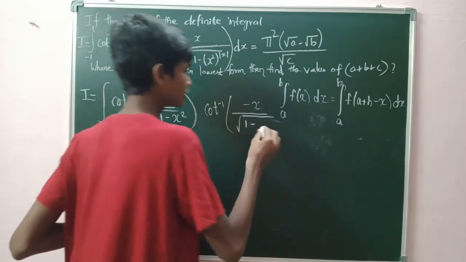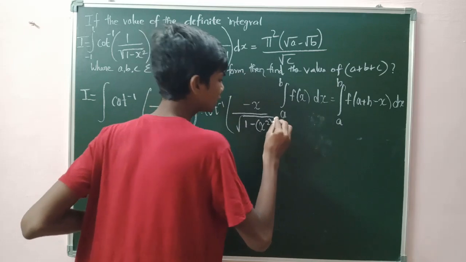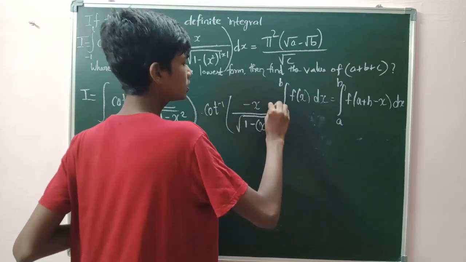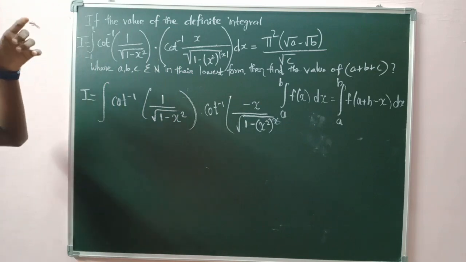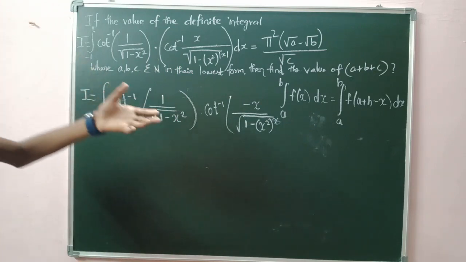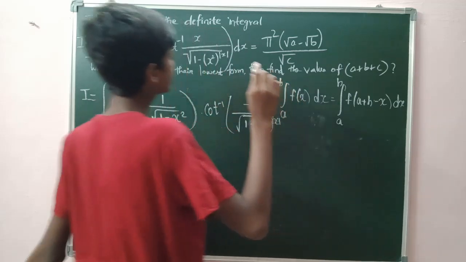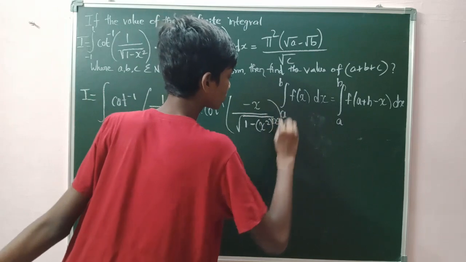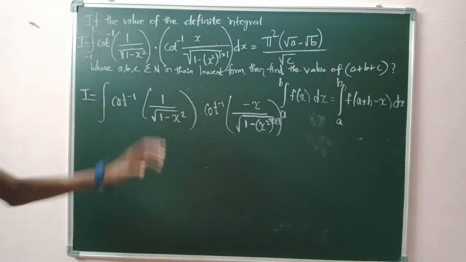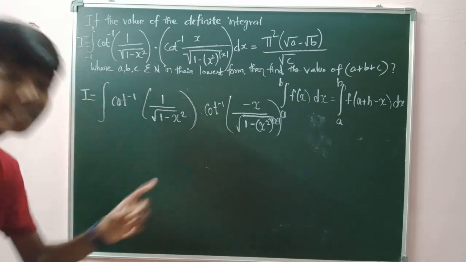Minus x whole square is x square only. So x square times mod of minus x, which is mod x. We can write mod x itself, no problem. This is what we get when we use King's rule.